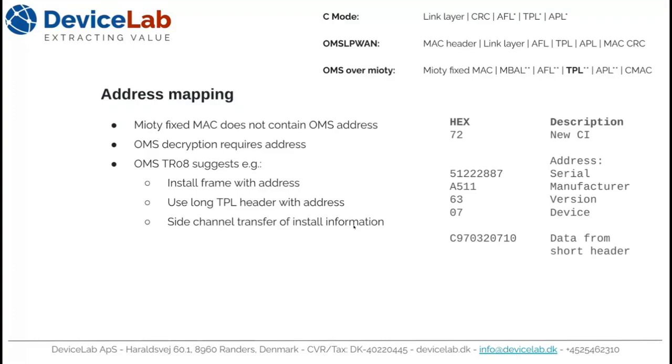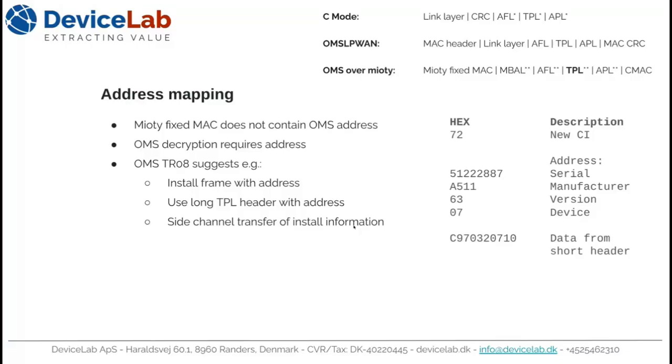Now, we mentioned that we will get back to the address handling problem for mioty end devices, where you need to have this mapping between the mioty and the OMS address. OMS, in technical report number 8 that they released, details how to use this OMS over mioty, and they also bring some suggestions for how to actually do this address handling.